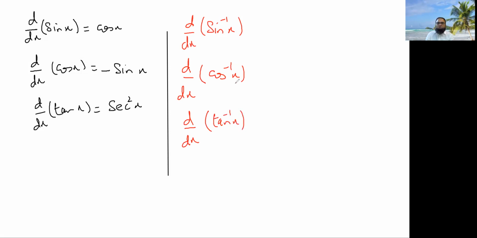Now your syllabus hasn't included the derivatives of sine inverse x and cos inverse x, but in your syllabus, you have to learn the derivative of tan inverse of x. So that is 1 over 1 plus x squared. You have to remember this. I can give you the reason why this is like this.